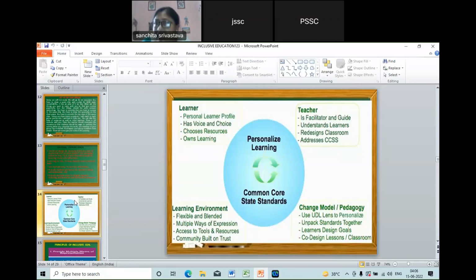He or she can choose from whatever media he can get. So knowledge is everywhere. Then the child owns learning. It is his legal right. If I say legal right, I might not be wrong, but it is a right of the child. Education is a right of a child.